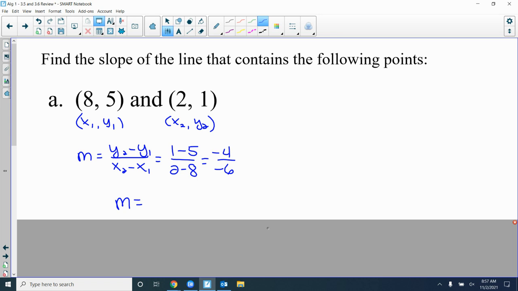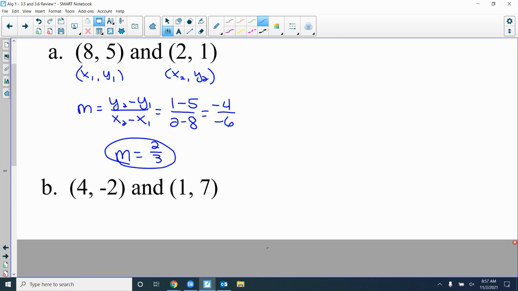You cannot leave 2 negatives in your final answer. What is that sign in the final answer? Is it positive or negative? Positive. It's got to be positive. And if it's positive, you don't even need to write the positive. And you reduce it. 4/6 reduces to? 2/3. So you got 2/3. That's your final answer. Positive 2/3. So make sure you got that.